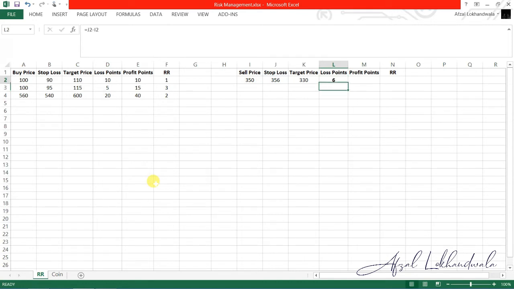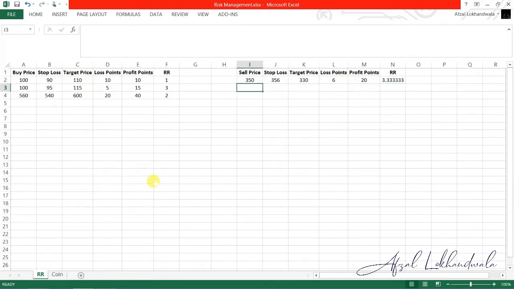This is the maximum loss, and your profit points is your selling price minus your target, that is 20 points. So the maximum loss is 6 rupees, 6 points, and the maximum profit is 20 points. Risk reward ratio is profit points divided by loss points, that is 3.33.